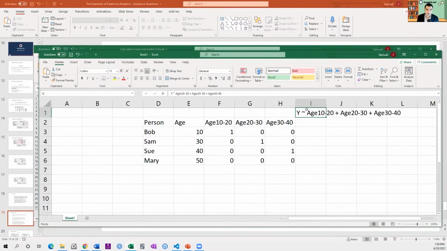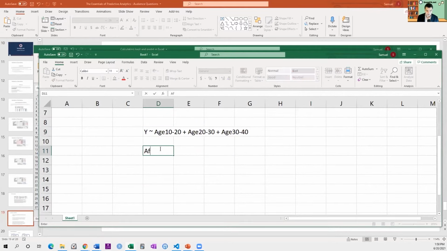And so then if you fit a lasso, you might get a simpler result. So let's say this is your model. And then after lasso, you remove this first one. So then you just have this model. So it's just age 20 to 30, age 30 to 40.